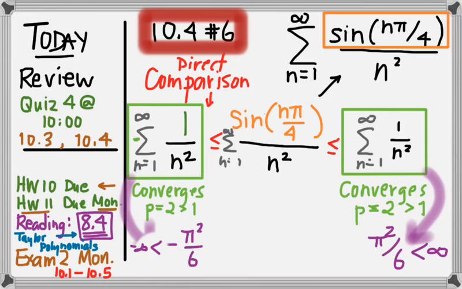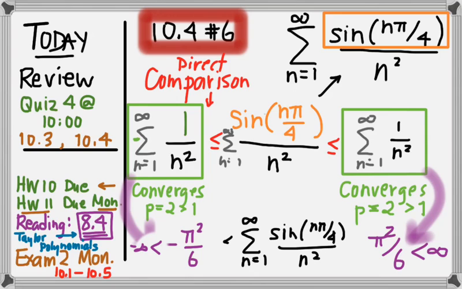So because we have a convergent series on the left and a convergent series on the right, our series has a value that remains finite. And its terms happen to be going to 0, which we can verify. So with that, I think we can conclude that this series in the middle converges.